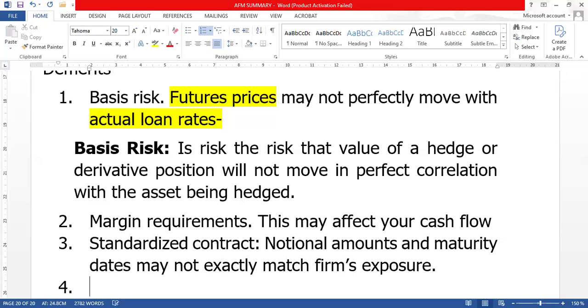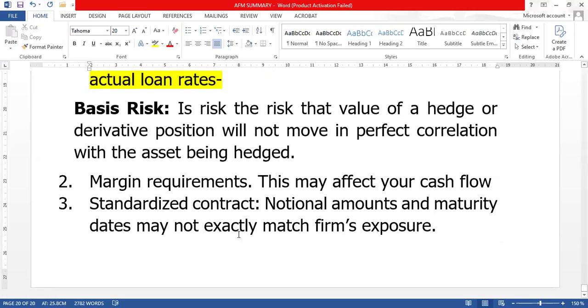Sometimes you divide the amount to be hedged by the standard amount or the contract size, and then you realize that you're getting a decimal point. What does that mean? It means that you cannot exactly hedge according to the amount you want, because of those decimal points. The available futures may not cover the amount to be hedged.